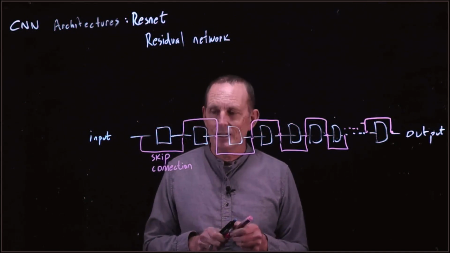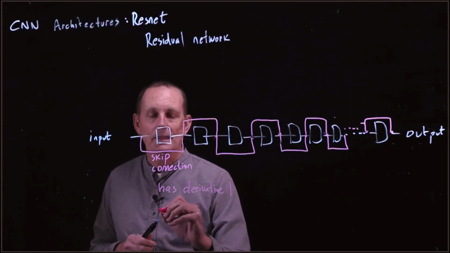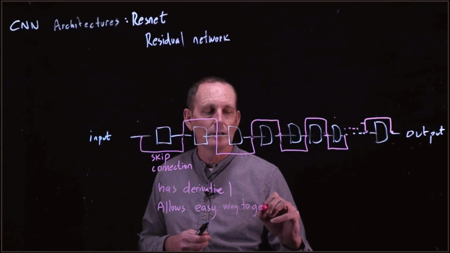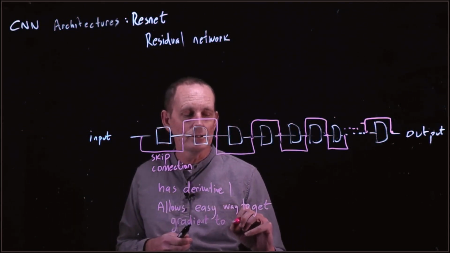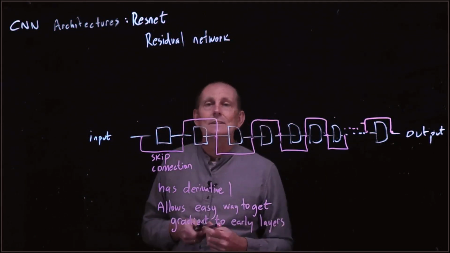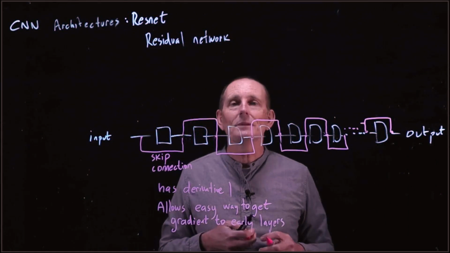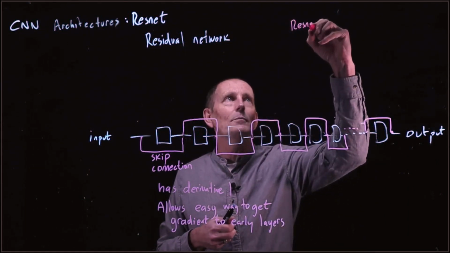So the skip connection has a derivative of 1 and allows an easy way to get gradient to early layers. And this works so well that ResNet can be extremely deep, right? We've seen, for instance, ResNet 34, but it's really a whole family.